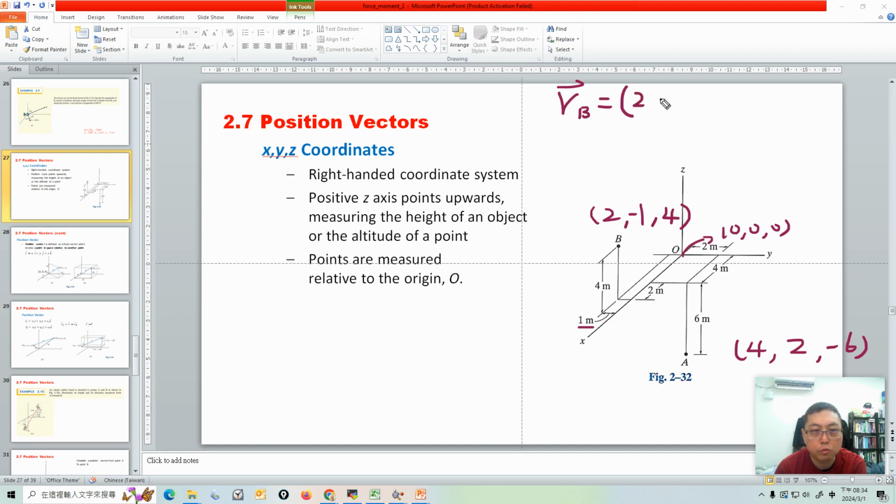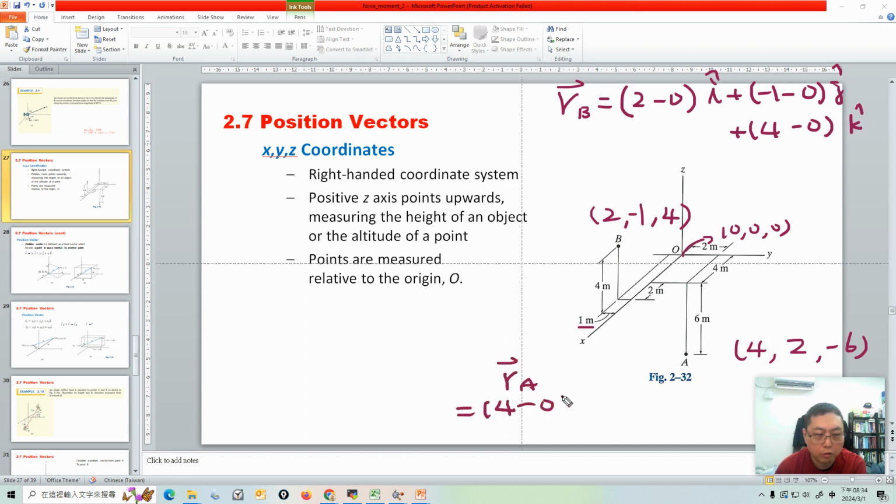The position vector of B is (2 minus 0)i plus (minus 1 minus 0)j plus (4 minus 0)k. The position vector of A is (4 minus 0)i plus (2 minus 0)j plus (minus 6 minus 0)k.